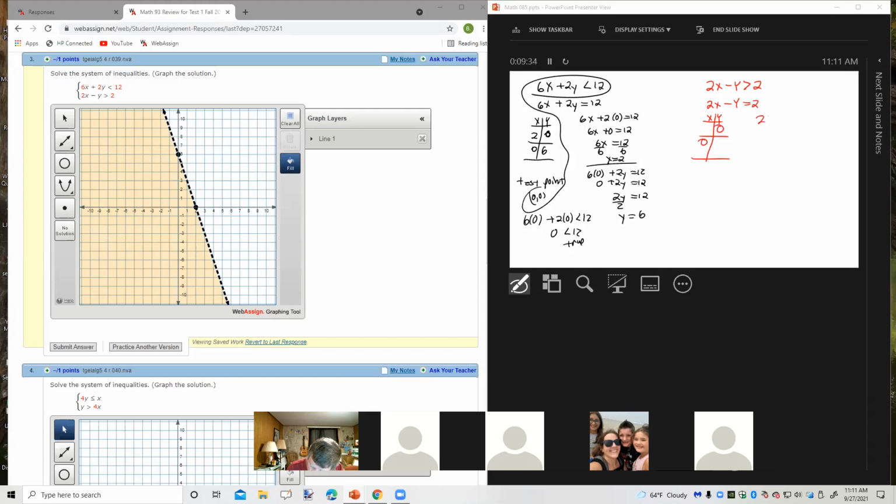If y is 0, 2x minus 0 equals 2, 2x equals 2, x equals 1. If x is 0, 2 times 0 minus y is 2, 0 minus y is 2, negative y is 2, divide both sides by negative 1, y is negative 2.